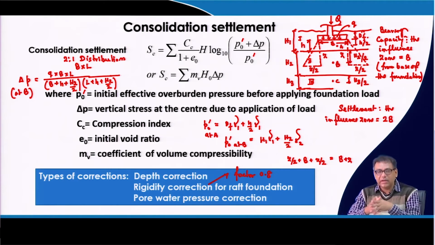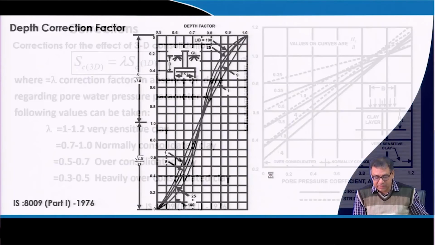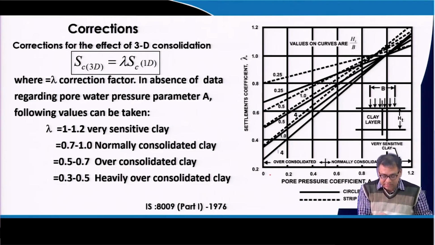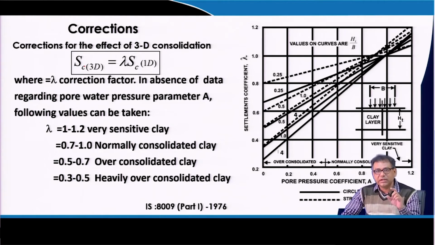But here, in this equation, it is assumed that it is moving only in the vertical direction. So, it is only one direction, but actually pore pressure is developed and the water is moving in 3 directions. That is why you have to apply another correction, called the pore water pressure correction. That means actual consolidation is 3D consolidation, but the consolidation equation that we are using is the 1D consolidation equation.